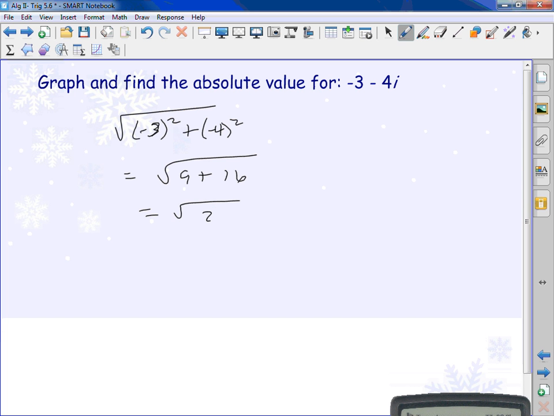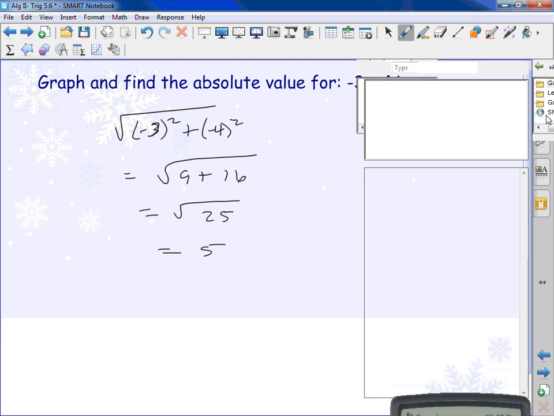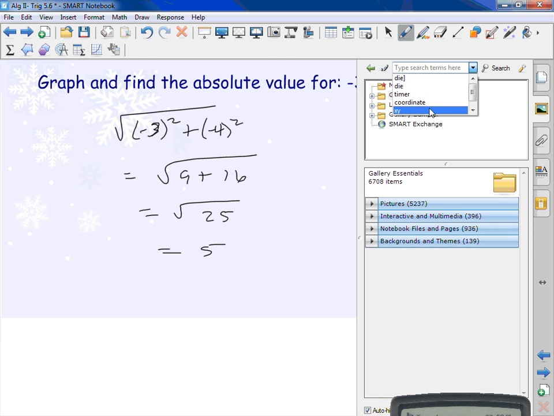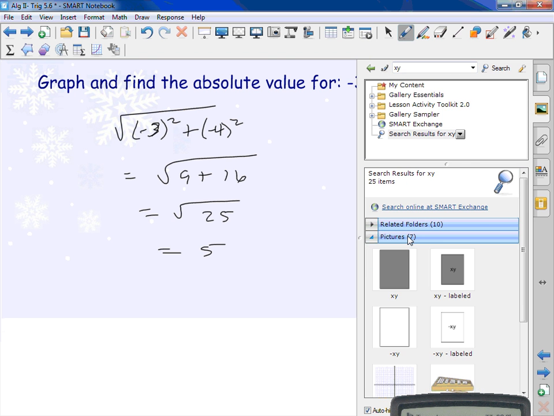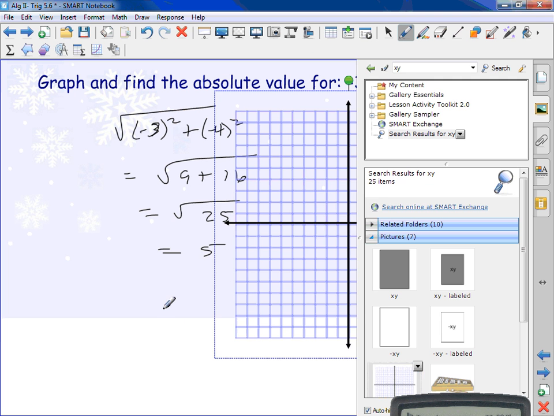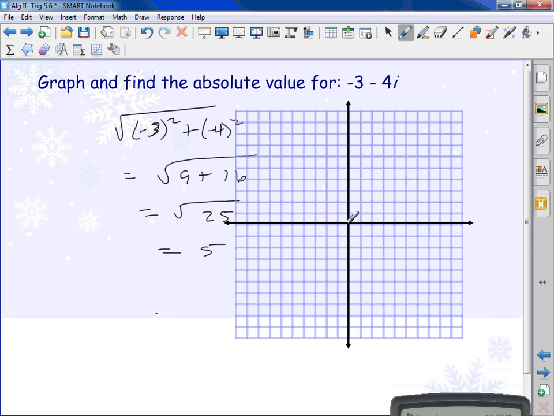Put it together, I get 25, and the square root is 5. So the absolute value of negative 3 minus 4i is 5. That means if I was to graph it, I go negative 3, negative 4. That's the point in the complex plane. The distance from here to here is 5.